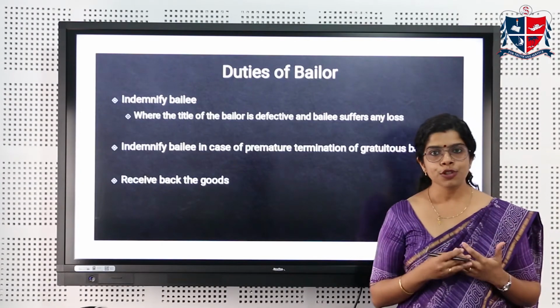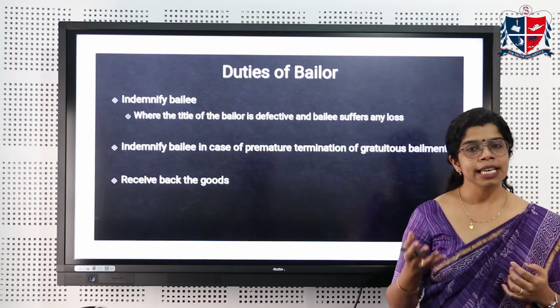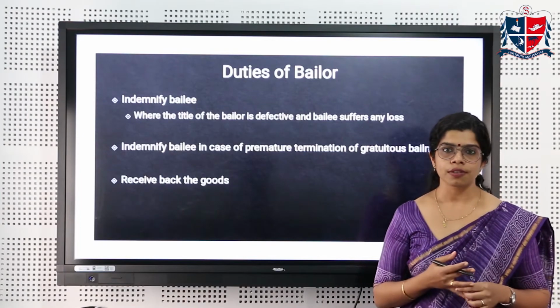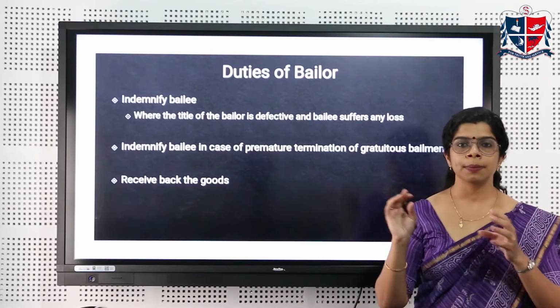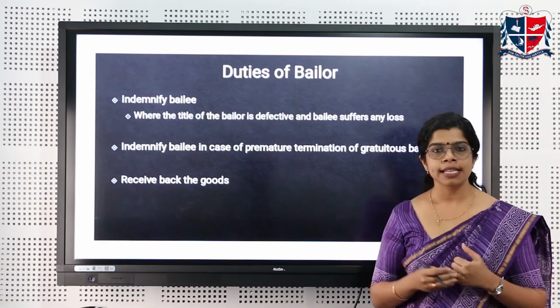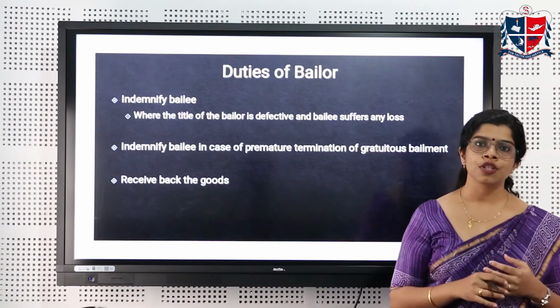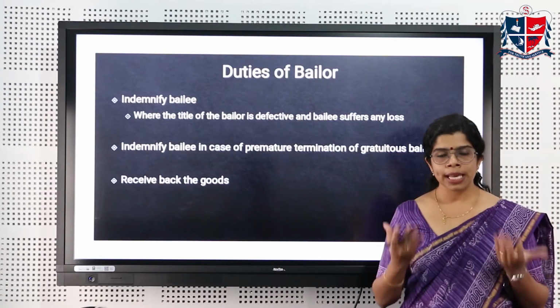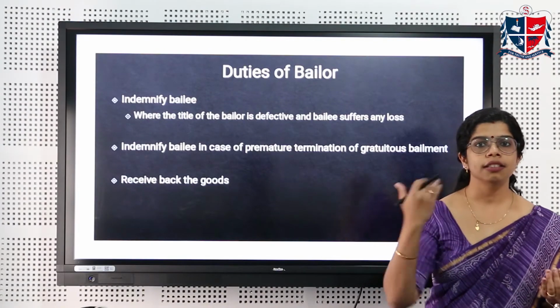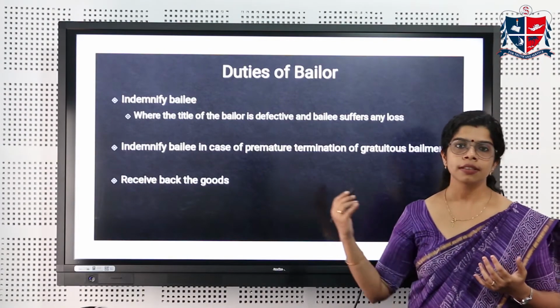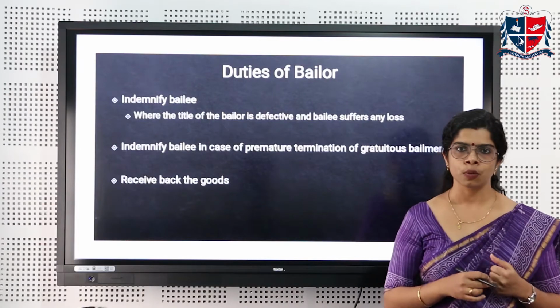So in case of gratuitous bailment, the bailer can take back the goods whenever he wants. So even if there is any date or any purpose that has been attached to a gratuitous bailment, whenever the bailer pleases, he can take back the goods from the bailee. That is how gratuitous bailment works.